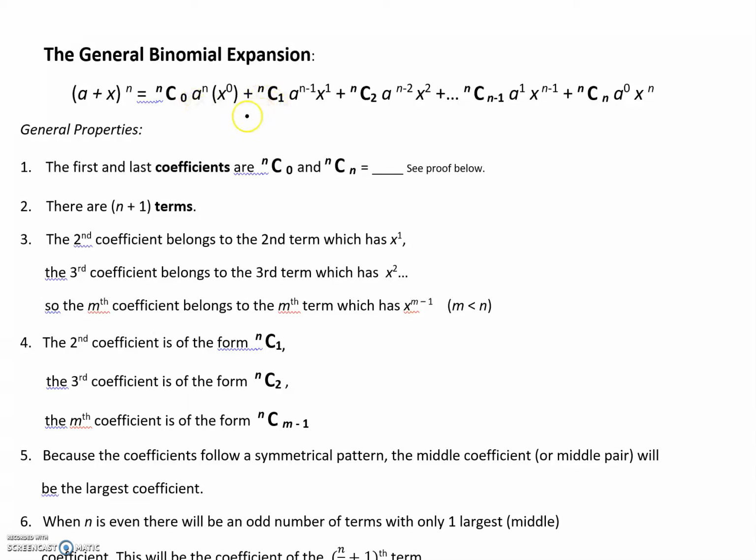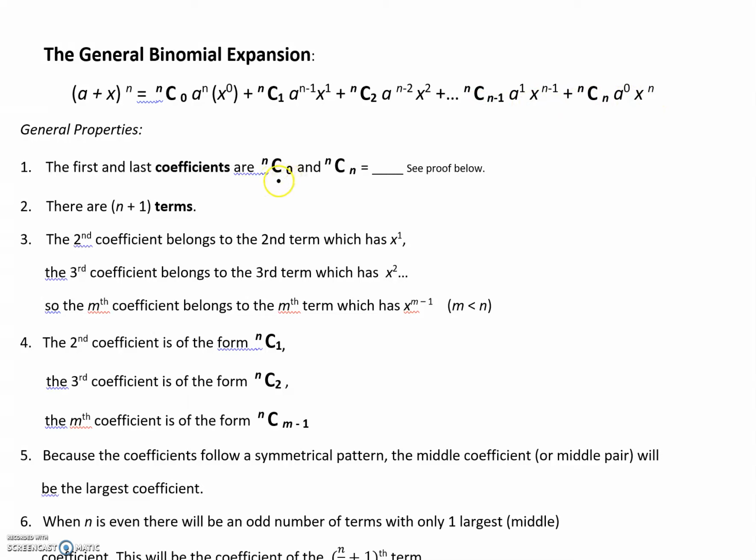So we just have to get used to this sort of starting counting from 0, and that being our first term. Second term, come down 1 in power for a and increase the power for x, and continue along for as far as we can go.